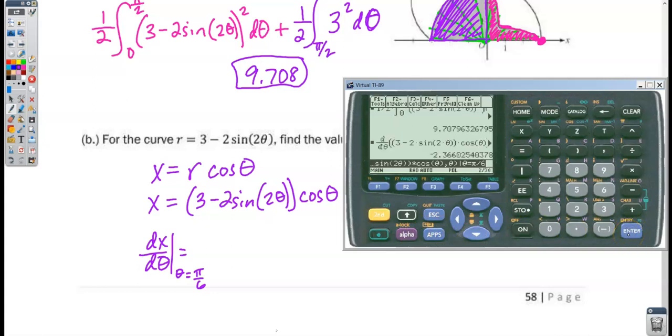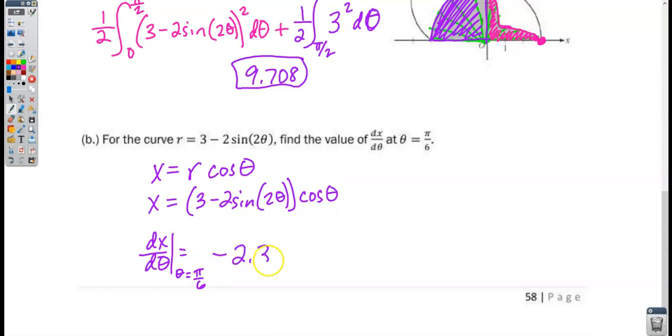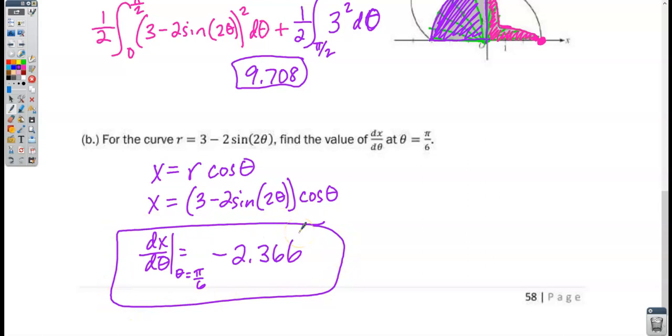Punch this up on my calculator, and I get negative 2.366 for the value of dx d theta at pi over 6.